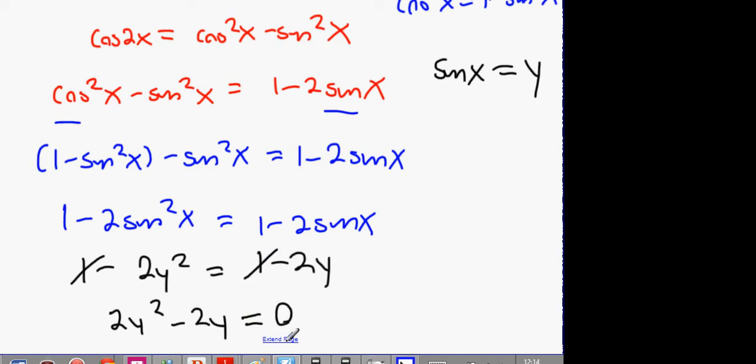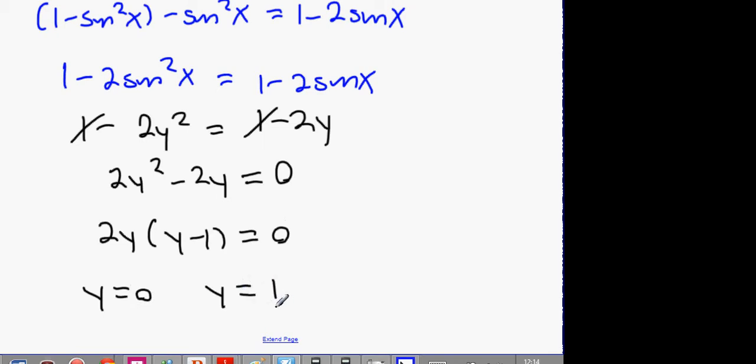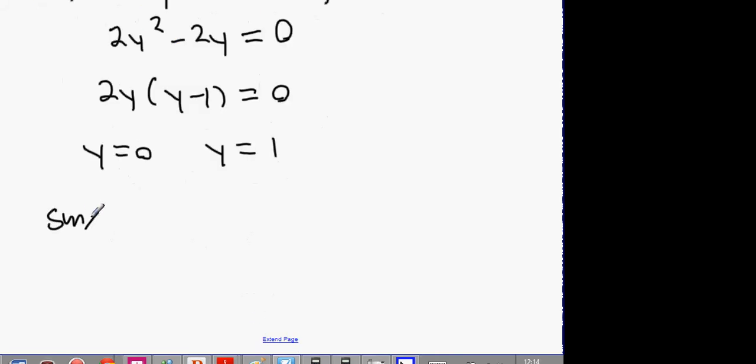Now guys, how do you solve an equation like this? Take out the 2y and you get y minus 1 equals 0. Y equals 0. Y equals 1. Do you understand? Now, this in fact means that sine x equals 0 or sine x equals 1.